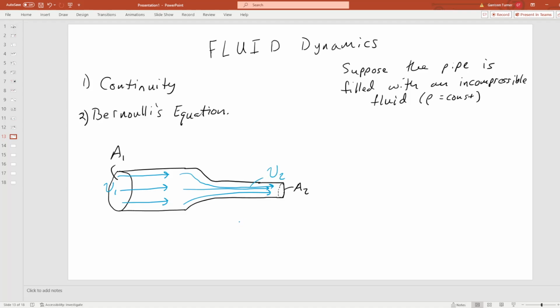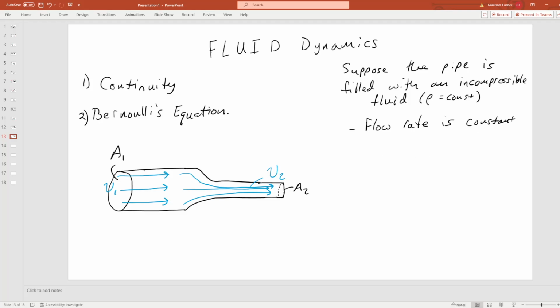Okay? So the word continuity means that things aren't changing. This process is continuous, in other words. So the entire idea behind the continuity equation is that the flow rate is constant.